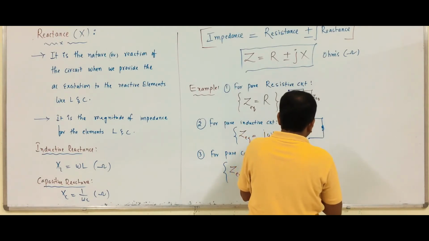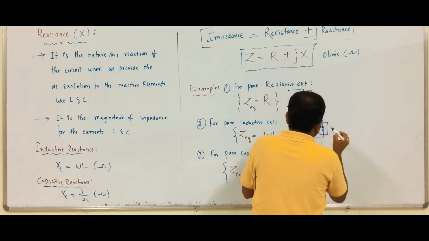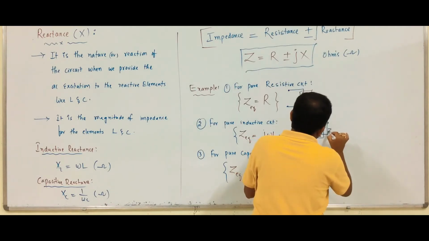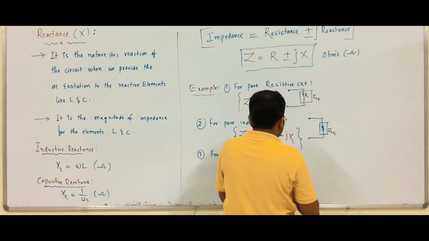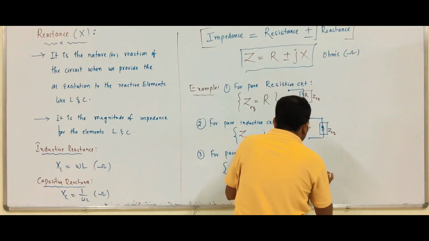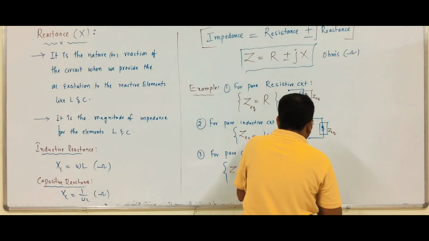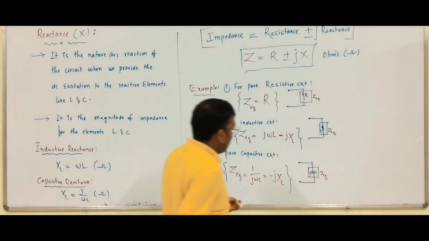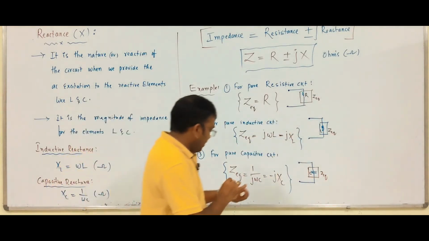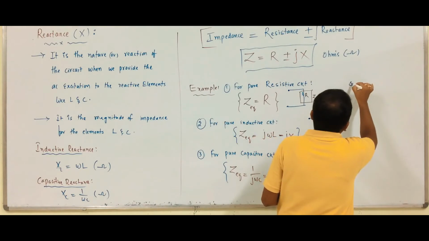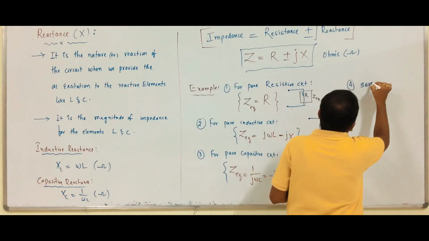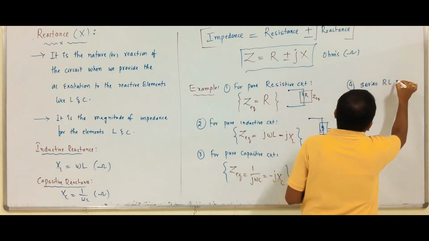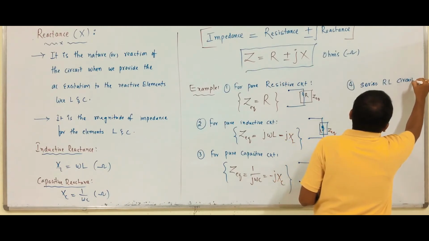If we have like this, this is nothing but Z equivalent. For example, a series RL circuit.